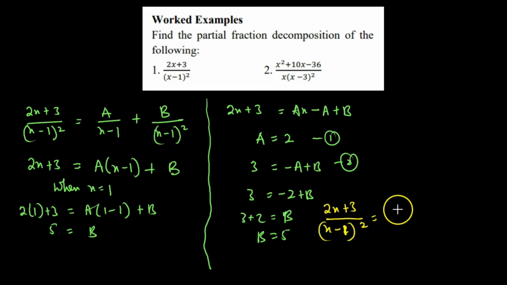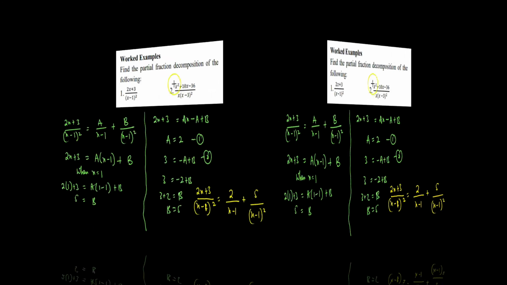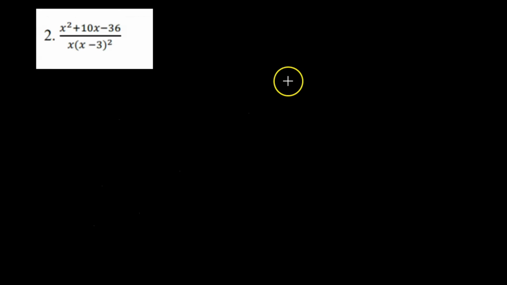When we write the partial fraction decomposition, it will give us a value, which was 2, all on x minus 1, plus b value, which was 5, all on (x minus 1) all squared. So that's the partial fraction decomposition for that question. So moving further, going to example number 2.